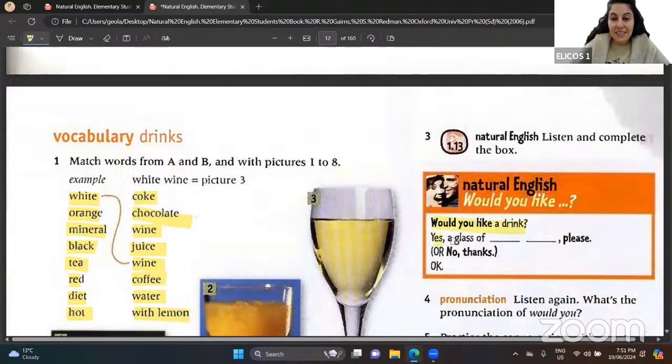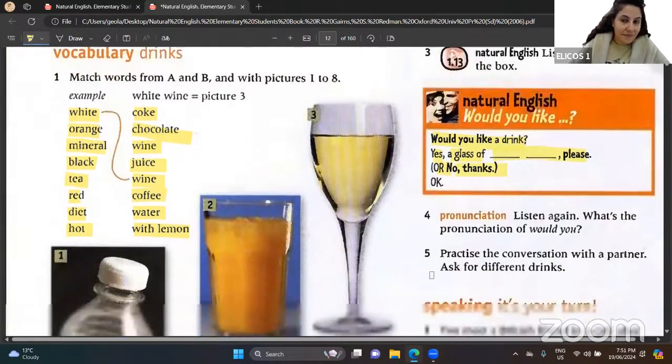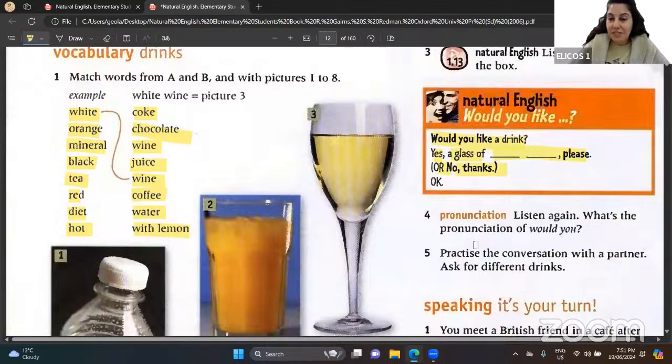And you would say, yes. A glass of whatever you want, a glass of orange juice. For me, I would say a cup of coffee, please. Or you could say, no, thanks, if you don't want to drink. Would you like a cup of coffee?